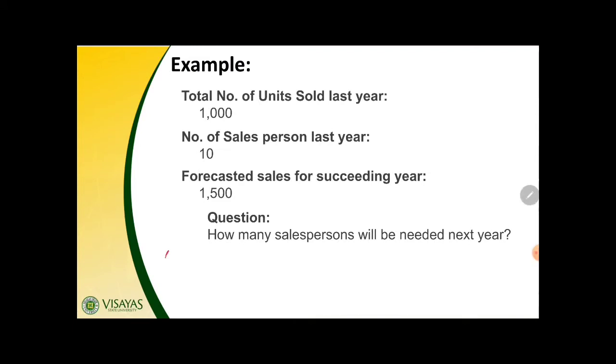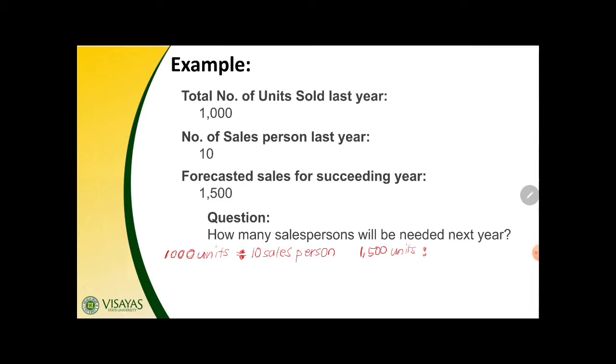So this is how we compute it. For example, you have 1,000 units. In ratio and proportion, 1,000 units is equivalent to 10 salespersons. And then the question is, 1,500 units this year is to how many?